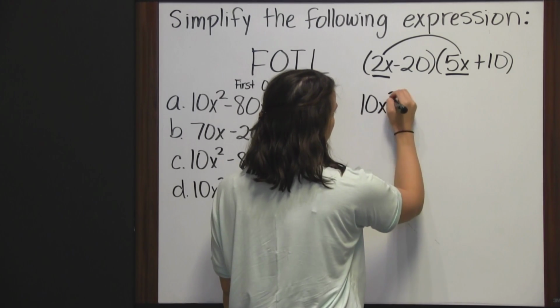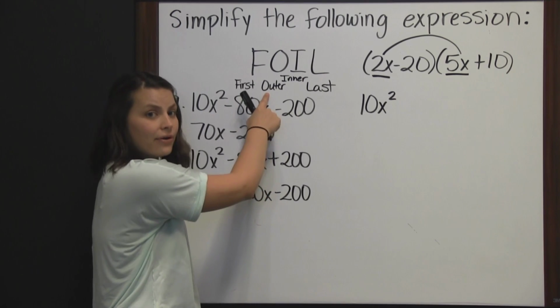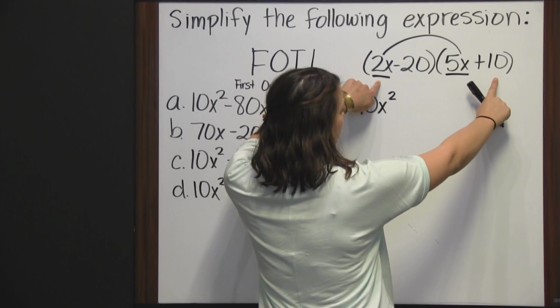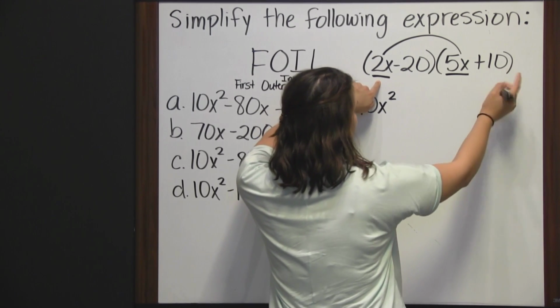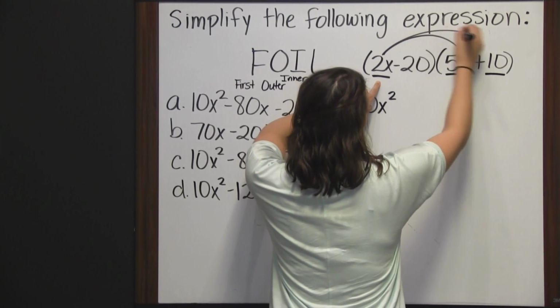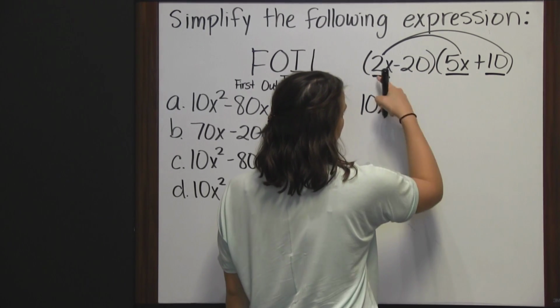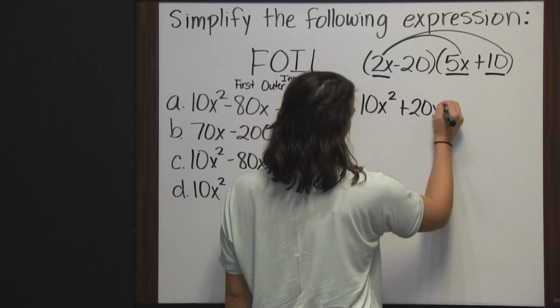So it's 10x squared. The O again stands for outer. So that means to multiply the two outside terms. So 2x and 10 are the two terms on the outside, the outer terms. So 2x times 10, 2 times 10 is 20, 2x times 10 is 20x.